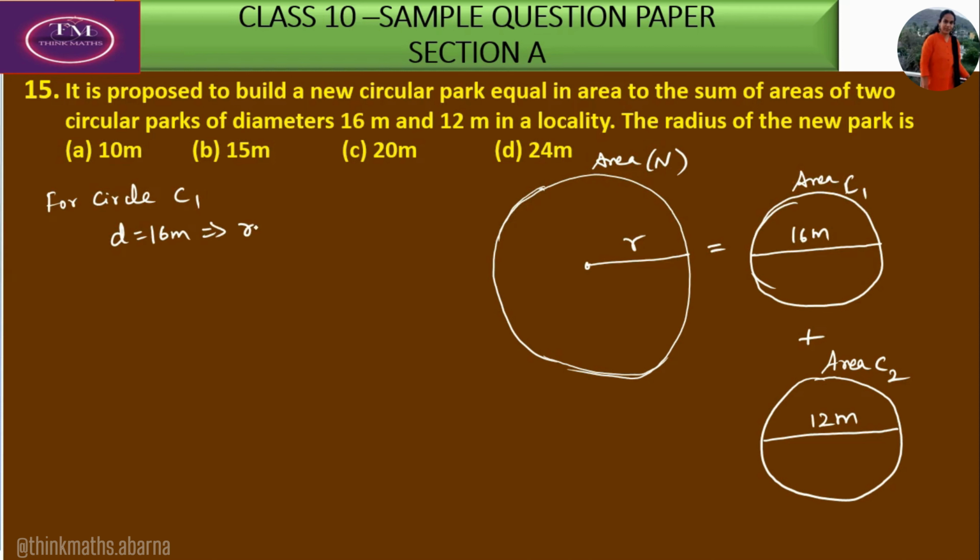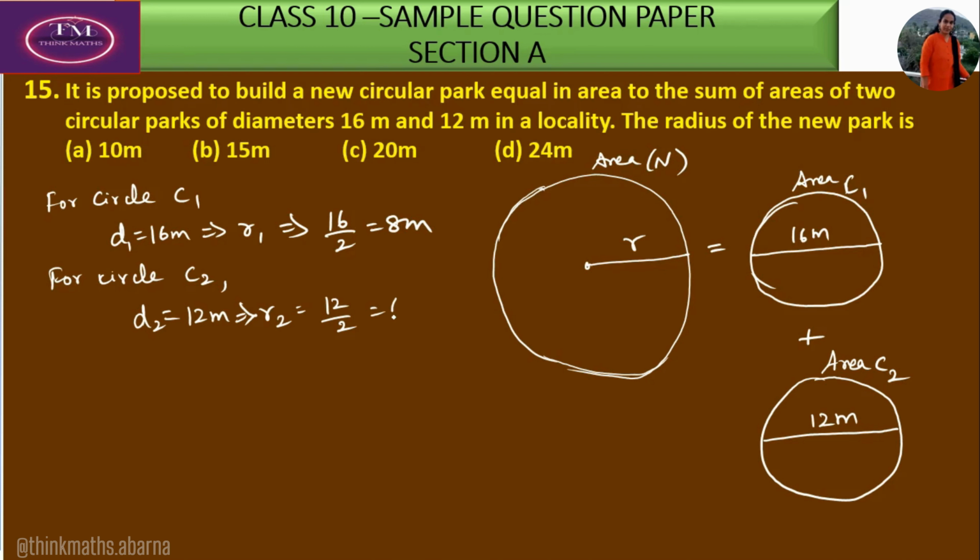This means radius R1 is 16 by 2, 8 meter. In the same way, for circle C2, diameter D2 is equal to 12 meter. So that means radius R2 is equal to 12 by 2, which is 6 meter.